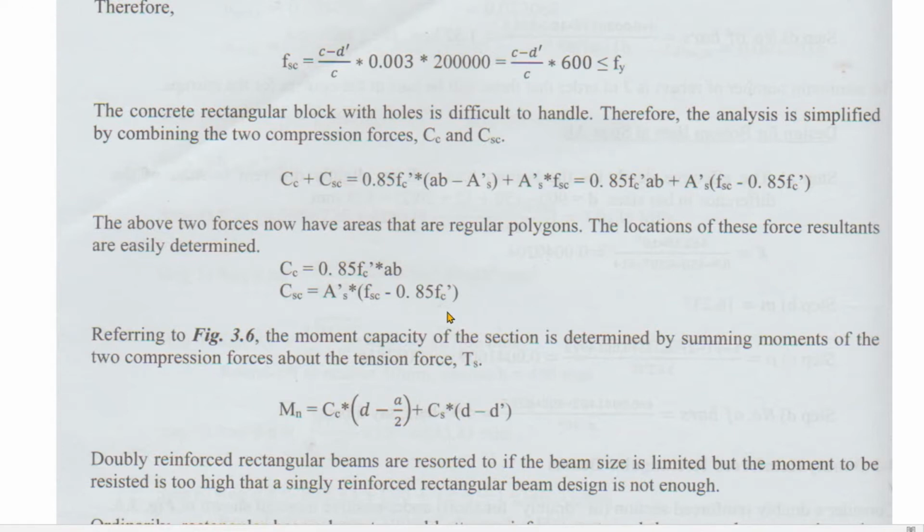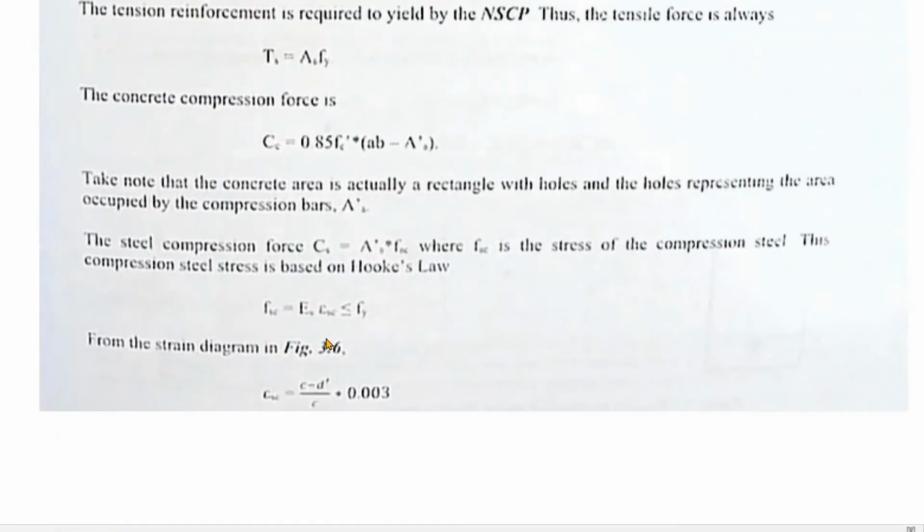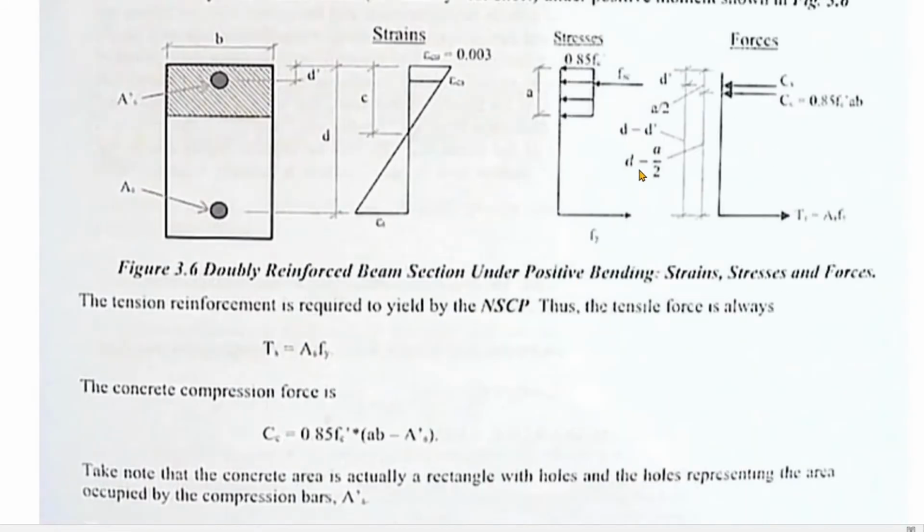So, kailangan natin ng regular polygon para merong kang distance, okay? Para ma-solve mo yung kanyang moment. The above two forces now have areas that are regular polygons. The locations of these force resultants are easily determined. So, for Cc, ang kanyang lever arm would be d minus a over 2. Okay? So, Cc, that is at a over 2.